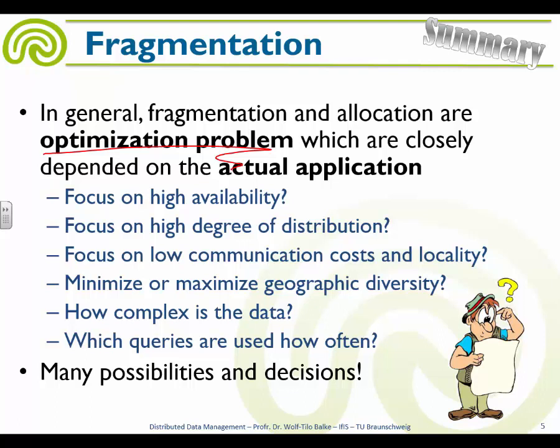You have to deal with that, so you need stronger robustness. Depending on what you need, you have to make certain design decisions. There are many possibilities and many decisions that have to be taken.